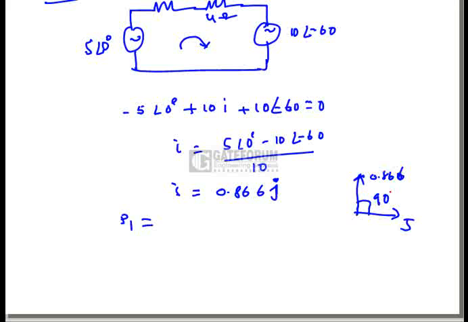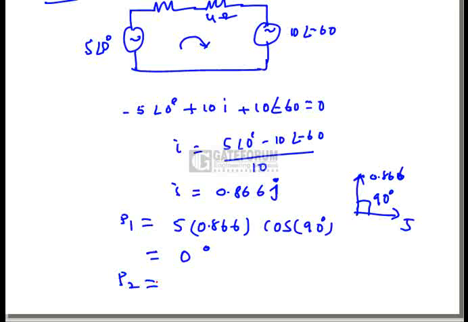The angle between the voltage and current is 90 degrees, because the current leads the voltage by 90 degrees. So phi is 90 degrees, and the power is 0 because cos 90 equals 0. That's why the power delivered by source 1 is 0.